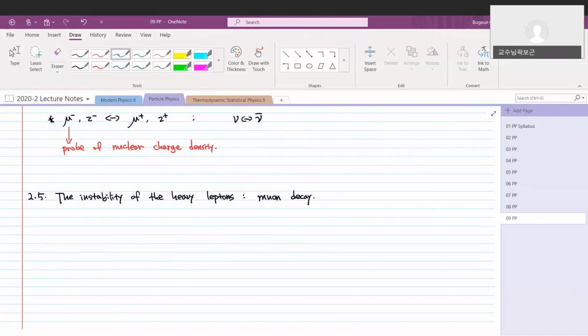So we consider the W plus minus boson, and they have some role in beta decay.